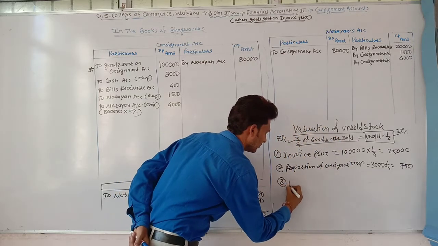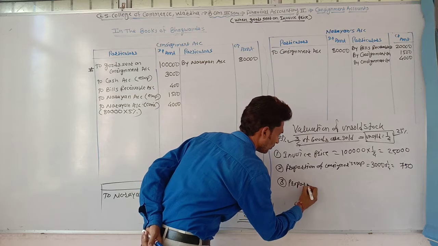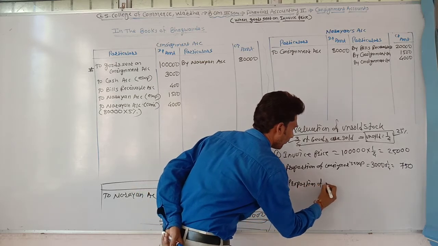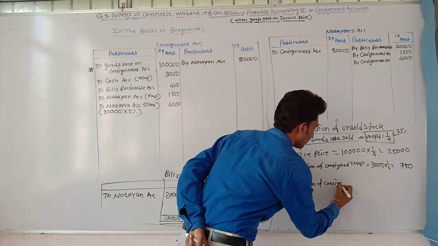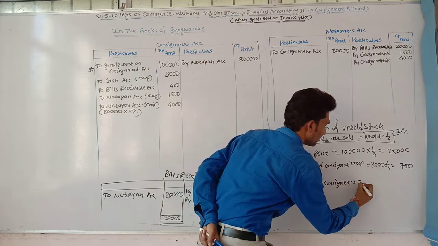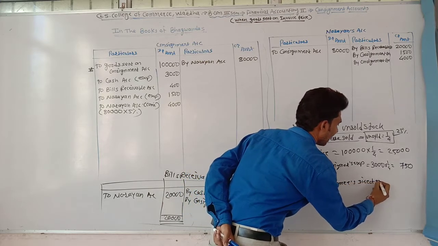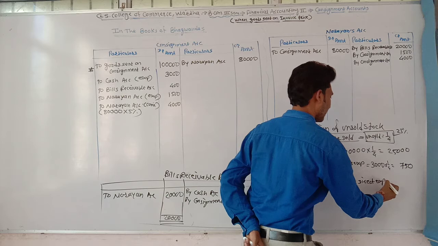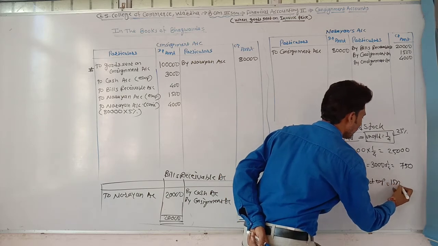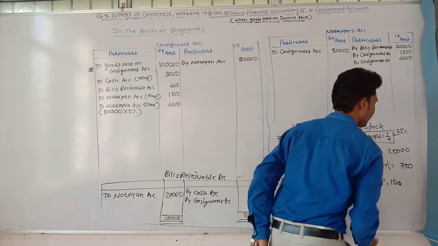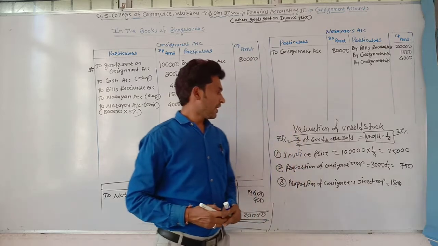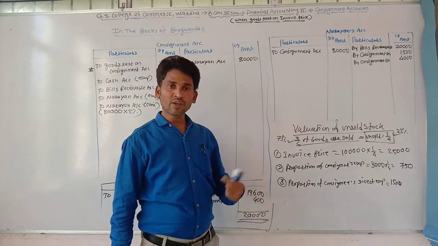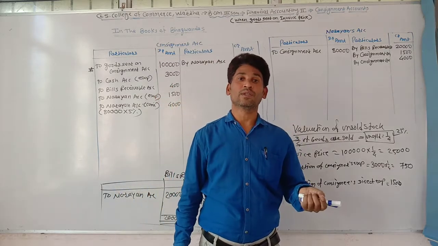And the proportion of consignee's direct expenses. The consignee has spent rupees 1500, as given in the example, for carrying the goods to its godown.